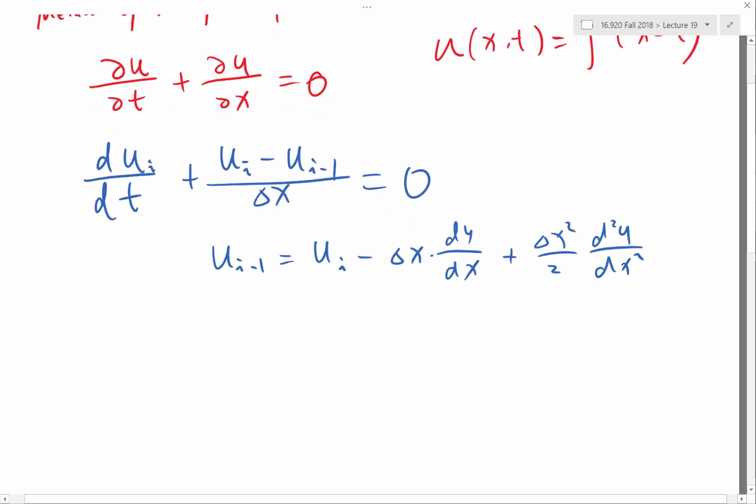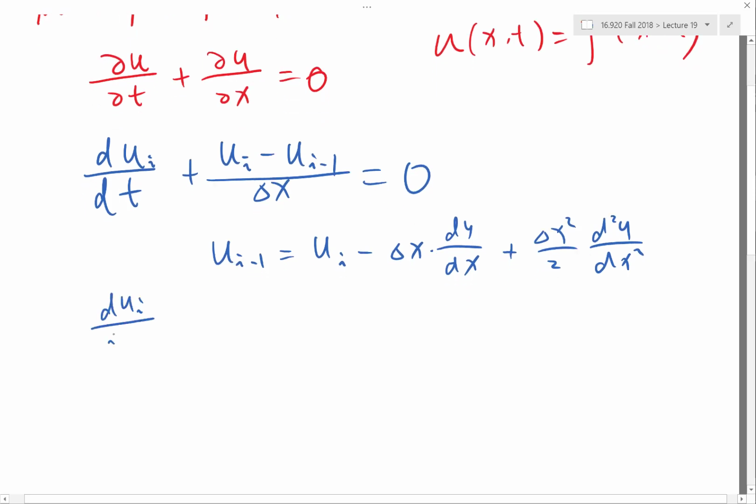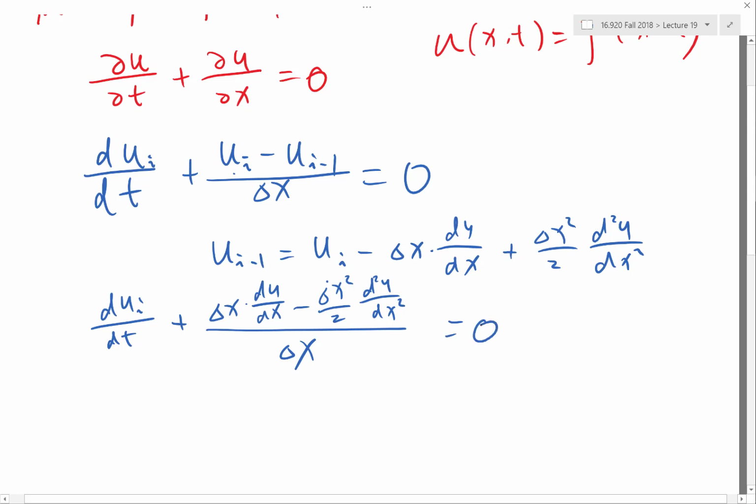When we plug it in, we get du_i dt plus, okay, u_i minus u_i is cancelled out. So what we get is plus delta x times du dx minus delta x squared over 2 times d squared u dx squared over delta x, right? Equal to 0. Well, this is all at grid point i, right?